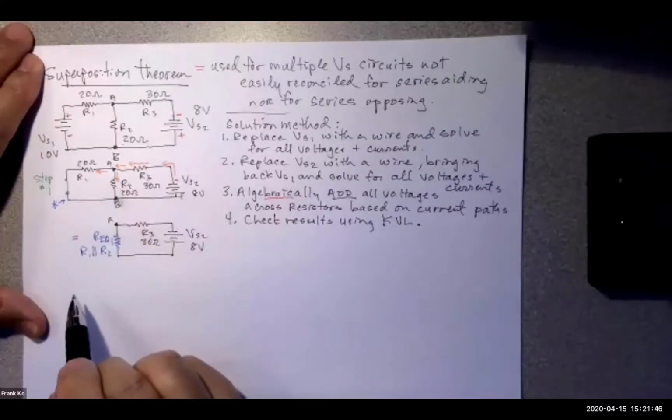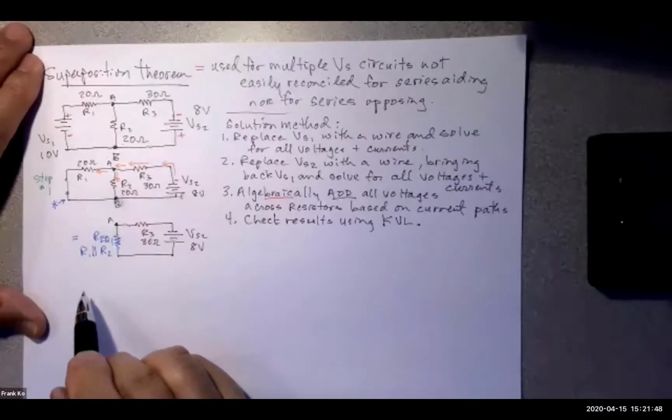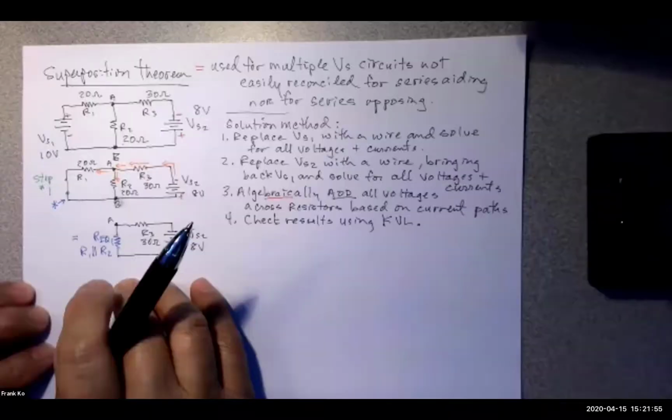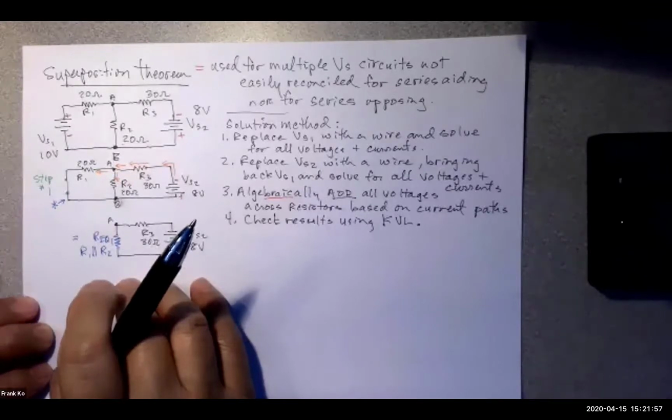What do you calculate for 20 parallel with 20? Kyle, what do you have? 10 ohms. Okay, you end up with 10 ohms.